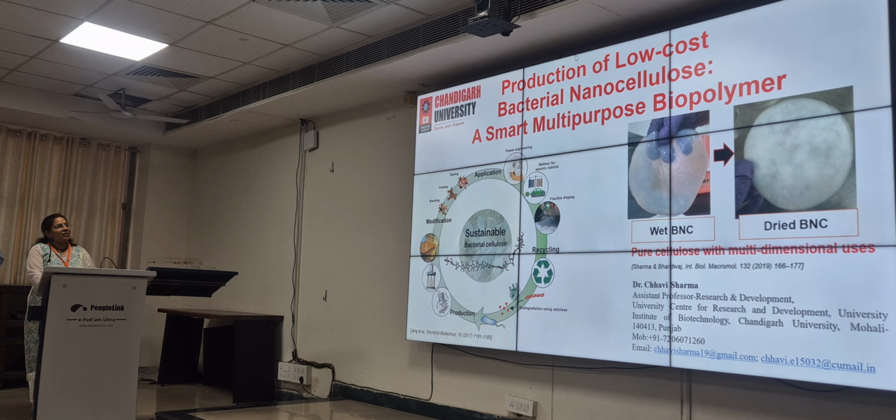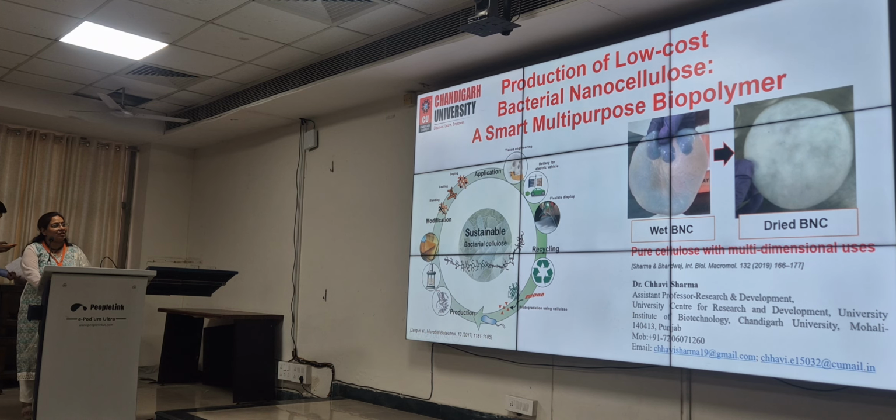So today's topic is production of low-cost bacterial nanocellulose, a smart multipurpose biopolymer. As the name indicates, here the nanocellulose is of bacterial origin. It is produced from several bacterial species.